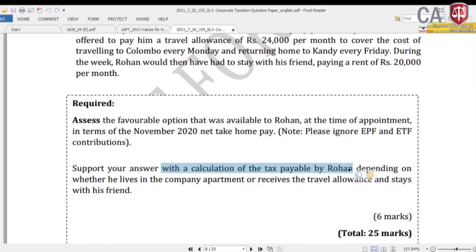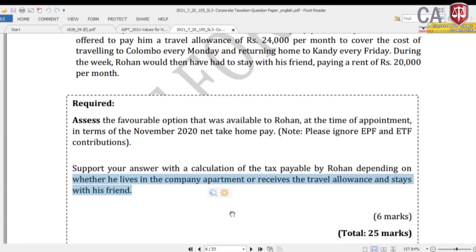You have to do the calculation and only then come up with the most favorable option, depending on whether he lives in the company apartment or receives the travel allowance and stays with his friend.